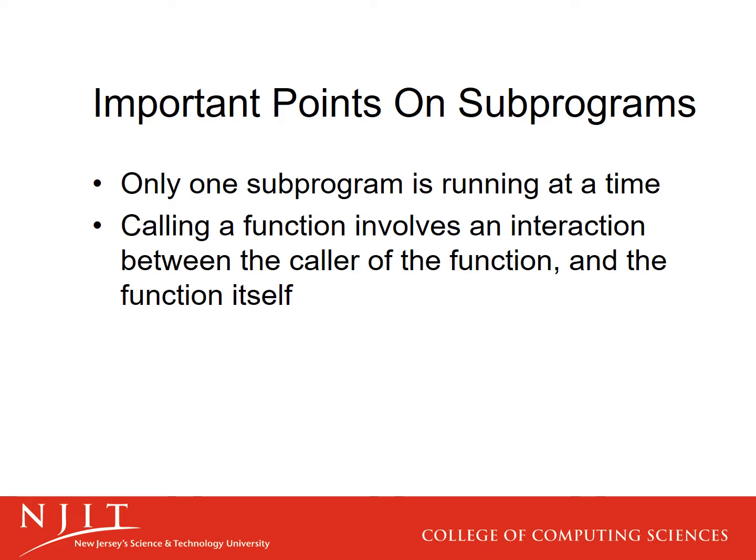And because there is this interaction between the called function that has to know to stop and has to know somehow to pick up where it left off when the function is done, calling a function is an interaction between the caller of the function and the function itself.